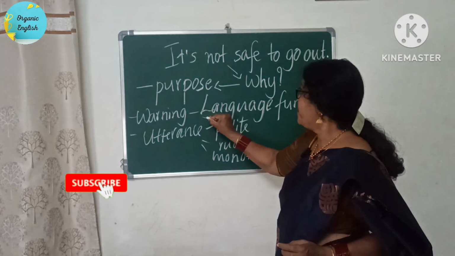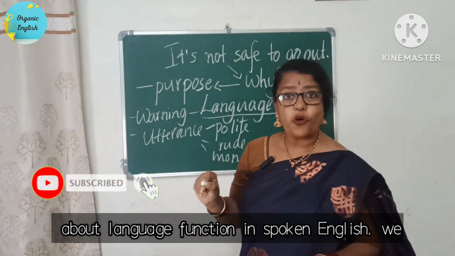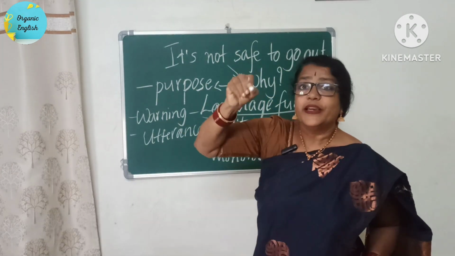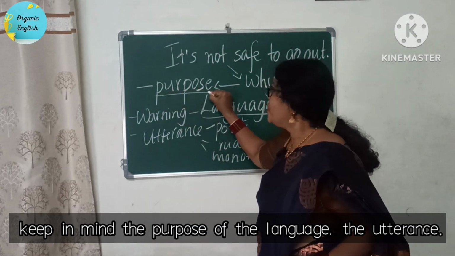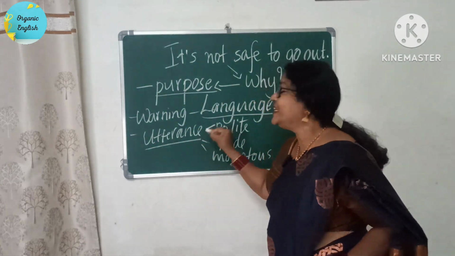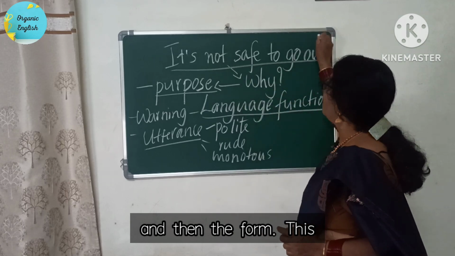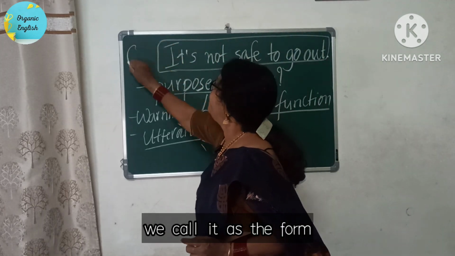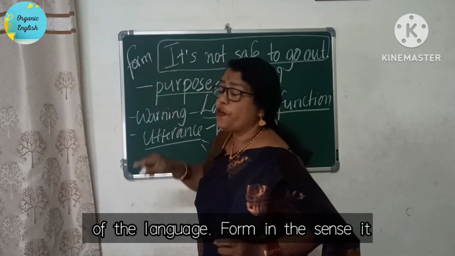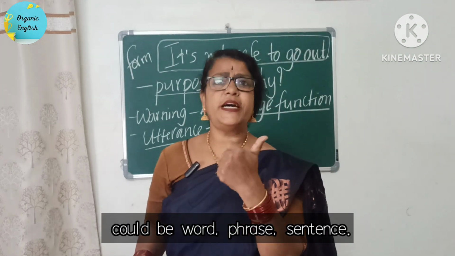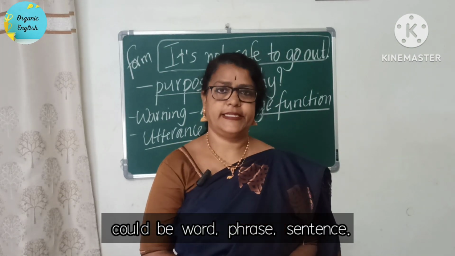So when we speak about language function in spoken English, we keep in mind the purpose of the language, the utterance, and then the form. This we call the form of the language. Form, in the sense, could be a word, phrase, or sentence.